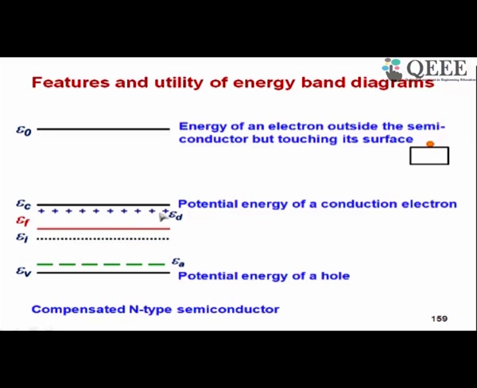If you increase the number of donors and make it more than the number of acceptors, as shown here, the positive signs more than negative signs, then the semiconductor becomes n-type and Fermi level will move above the EI.